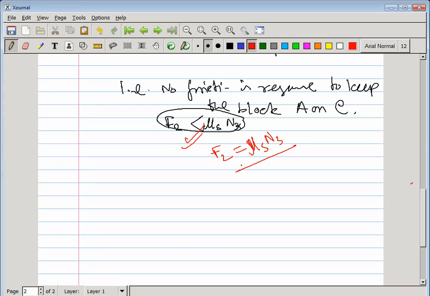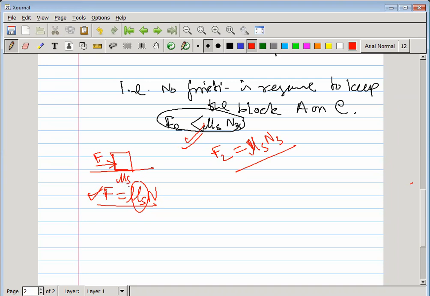There is no sliding, right? Remember this: if F is equal to mu s into N, that is the condition for which there is no movement. Suppose you apply a force on a block, and mu s is the coefficient of static friction.